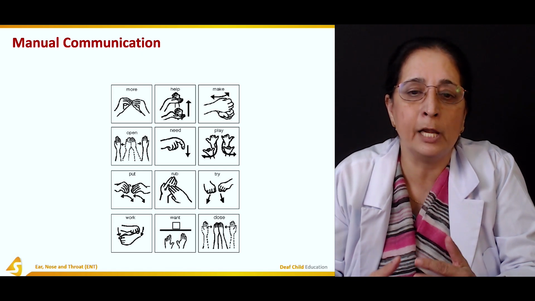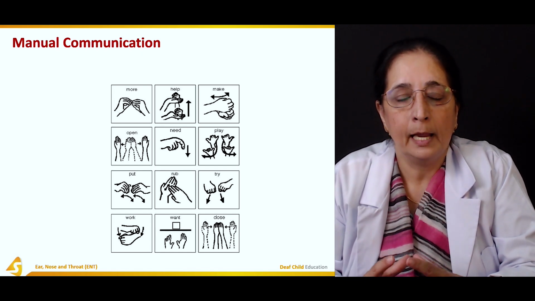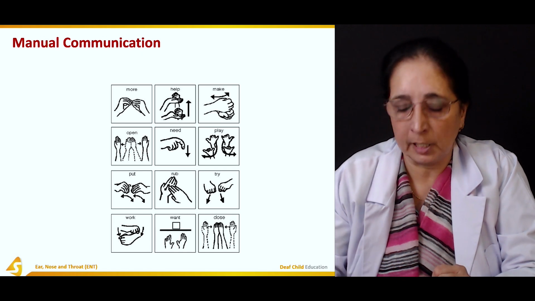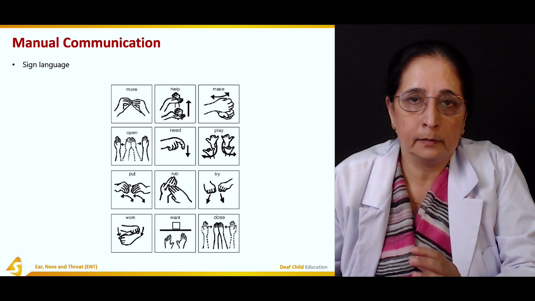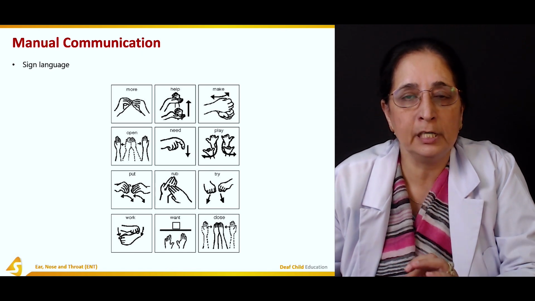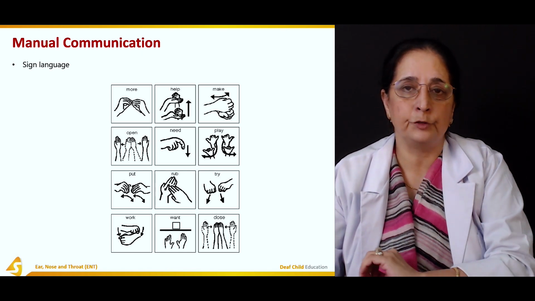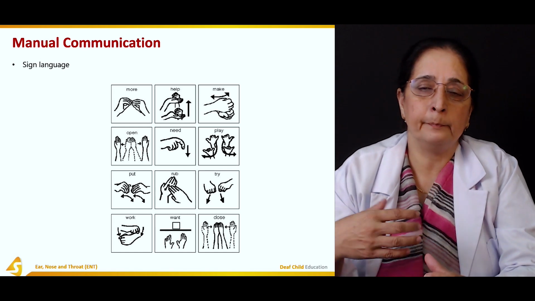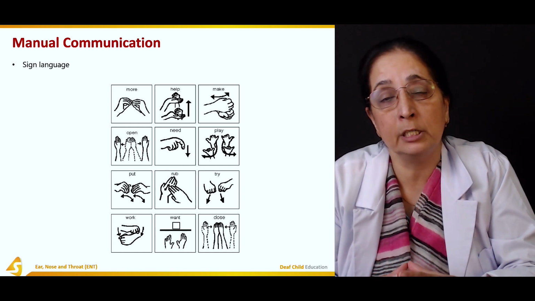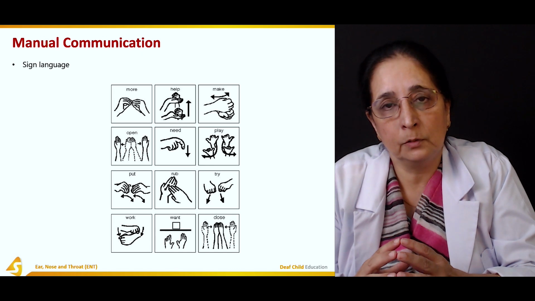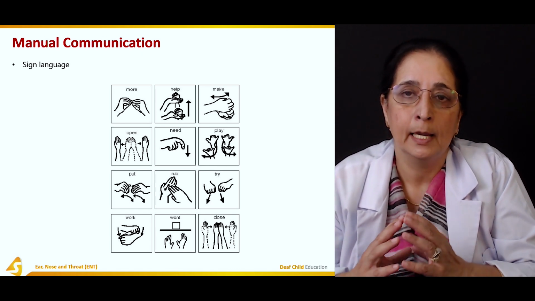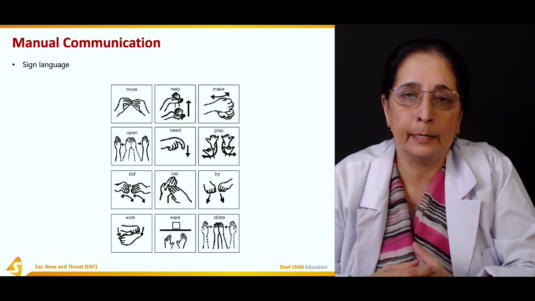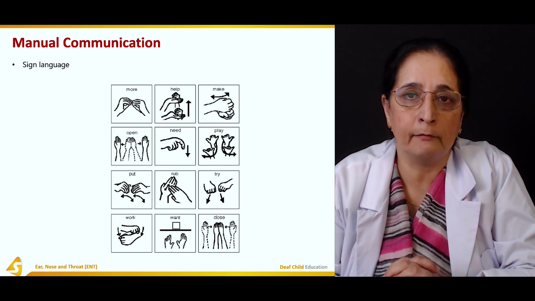They use manual communication, and this manual communication is known as sign language. This language is specially developed for deaf children, and by learning this sign language, to a greater extent, deaf children acclimatize themselves to the environment.